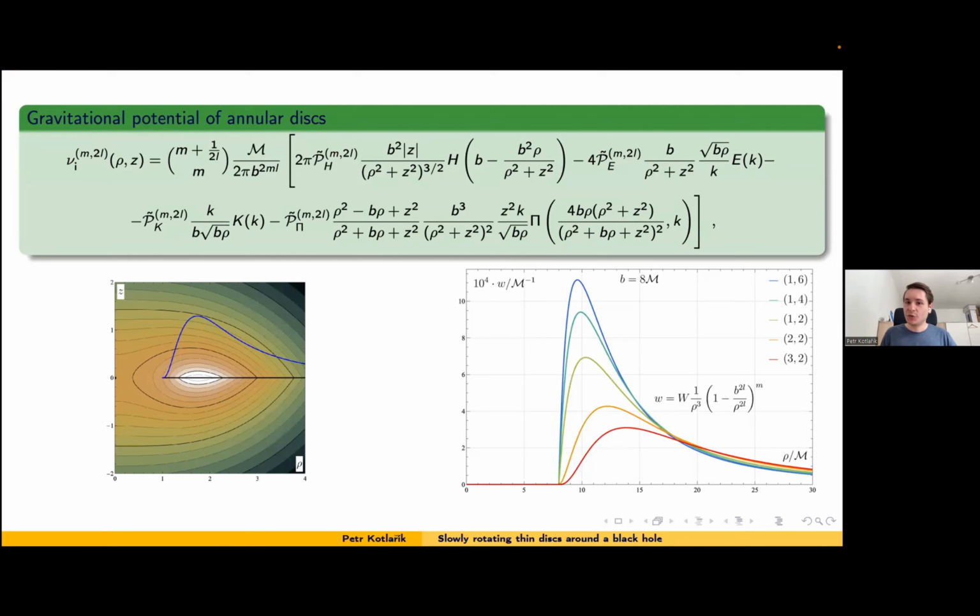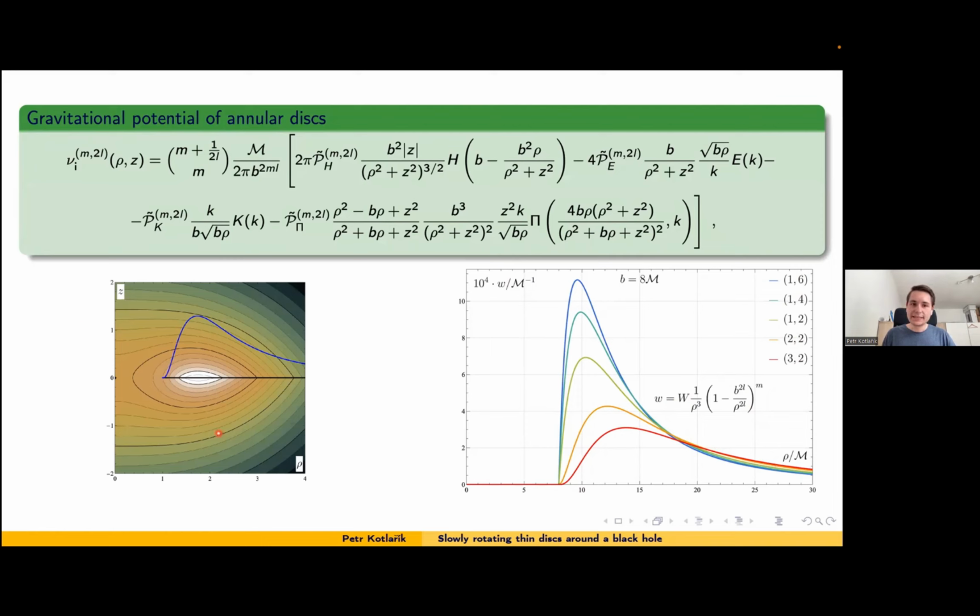Okay, better to show you some pictures. So here on the right side, there are the densities for various exponents in the density, and it is really a disk which starts somewhere and goes to infinity, and the density is falling down relatively quickly.